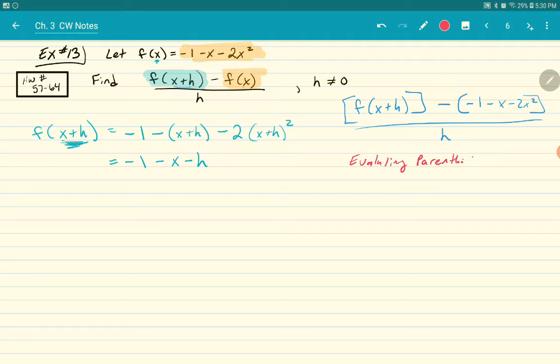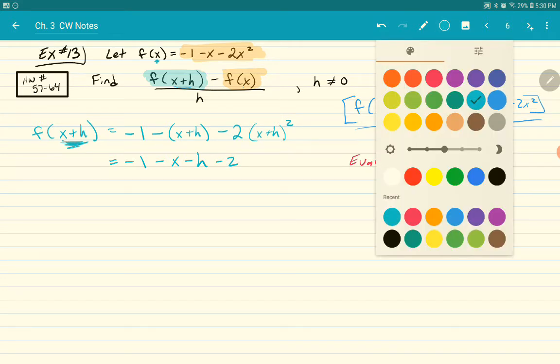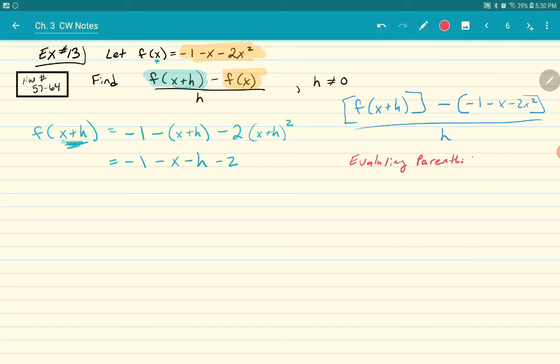Before I can distribute that -2, I have to get rid of the exponent on that. That's a perfect square trinomial, so x squared plus 2xh plus h squared. And if you're ever in doubt, you can always write it out twice and just FOIL it.